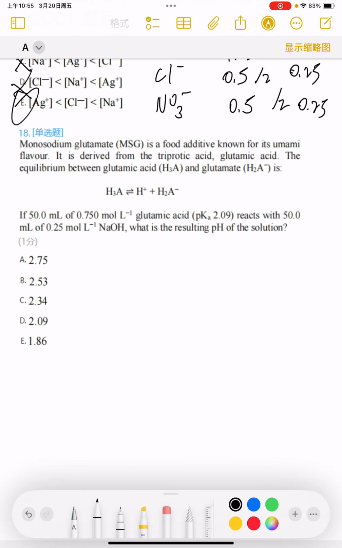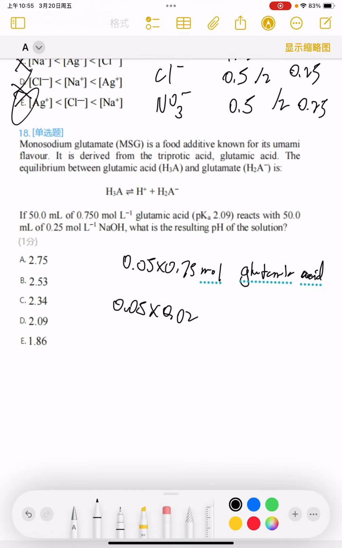Over here, this question isn't exactly well defined, as we can see that we have a total of 0.05 times 0.75 mole of glutamic acid, and we have 0.05 times 0.25 moles of sodium hydroxide.